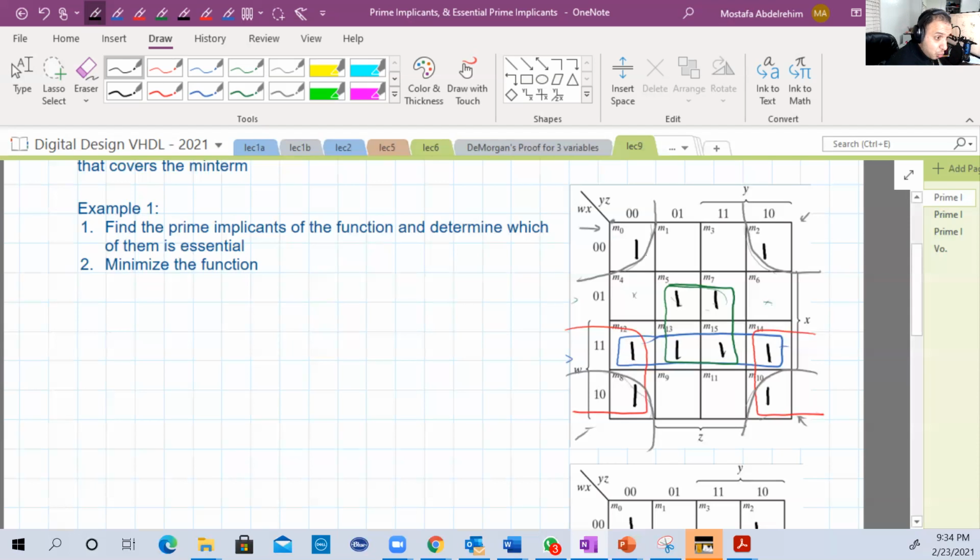Let's start with the gray group. The gray group has four ones: the two at the bottom corners and the two at the top corners. The two at the bottom corners are contained in the red prime implicant, but the two at the top corners are not contained in any other group except our gray group. So this is an essential prime implicant.